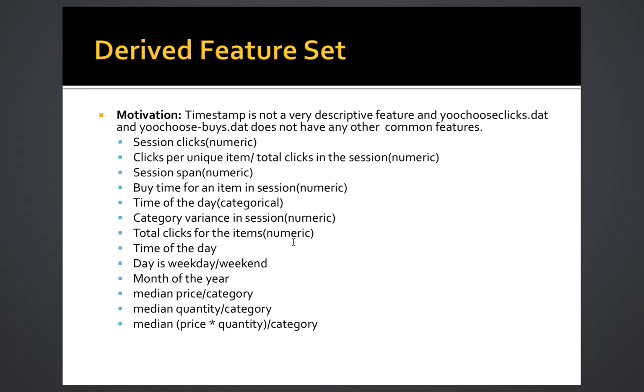Then day of the week, which is also categorical. Then month beginning or end, which is Boolean type and tells us whether it is the beginning or end of the month or not. Then comes month of the year. Then median price per category, median quantity per category, and median price into quantity per category.